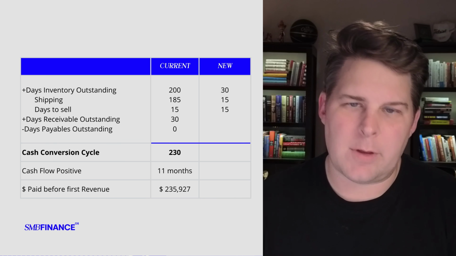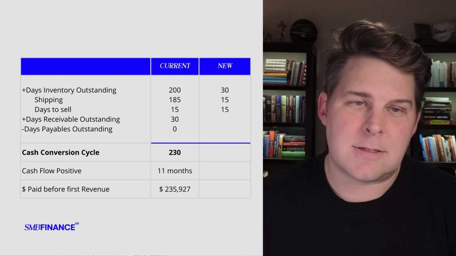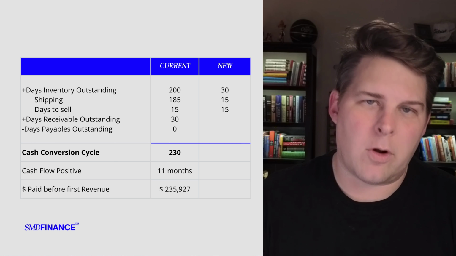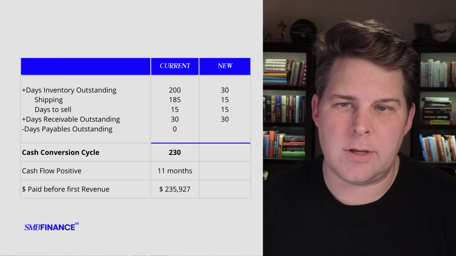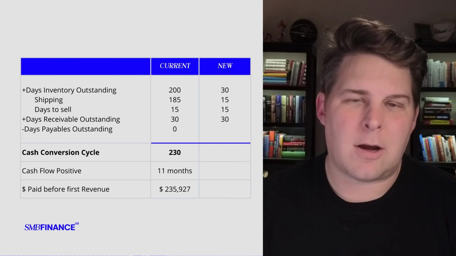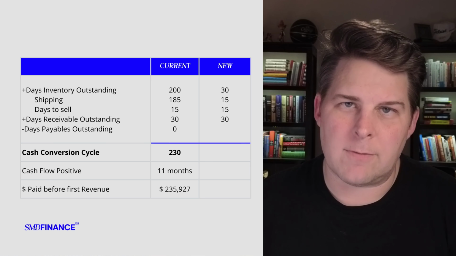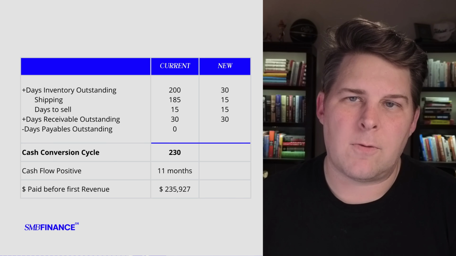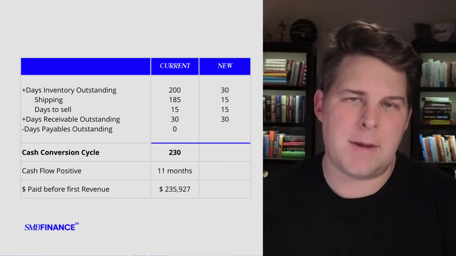The next element that we looked at was their days receivable outstanding. Again, some were on terms, some were not, but because they weren't collecting, it was taking them on average 30 days. We talked about implementing some systems to do some more frequent follow-up, to force people that they did not have credit terms with to do the payment immediately.